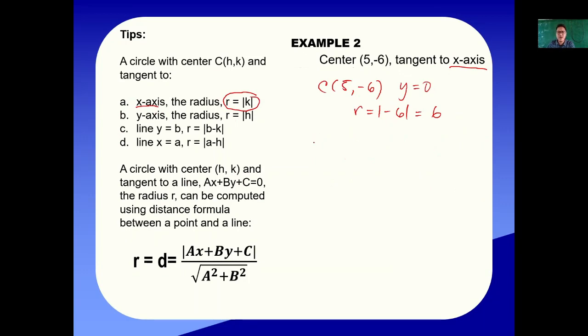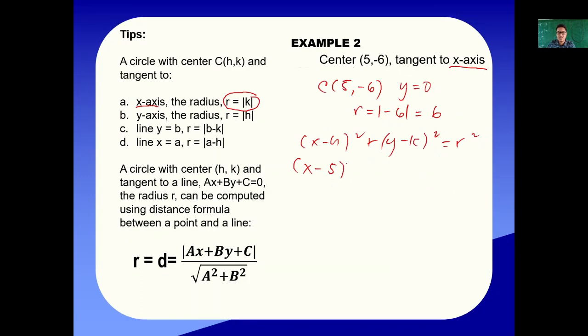Now, let's find the standard equation of the circle. We have (x minus h) squared plus (y minus k) squared is equal to r squared. Since given na yung center, just substitute all the given data in the formula. x, what is our h?